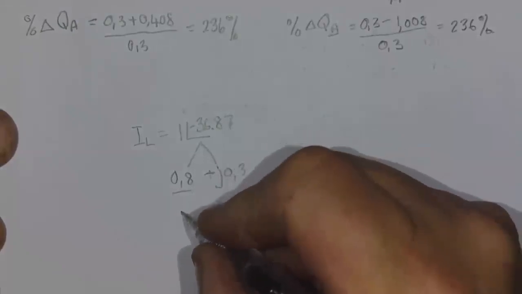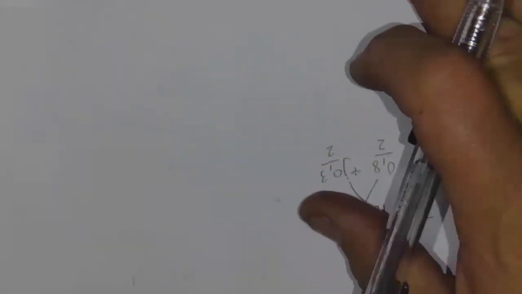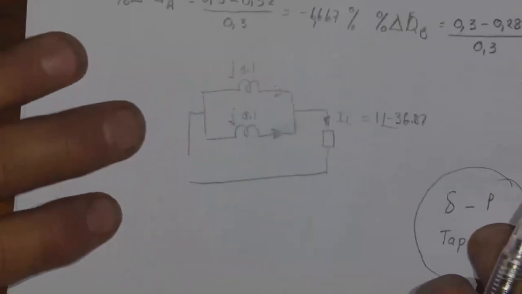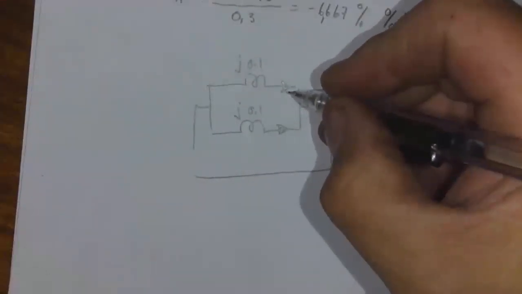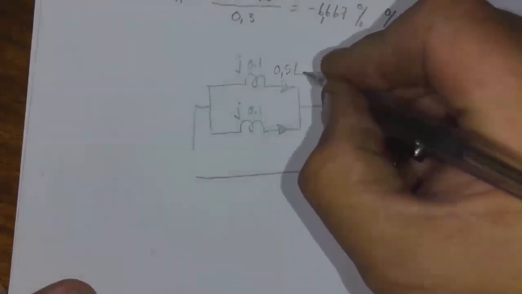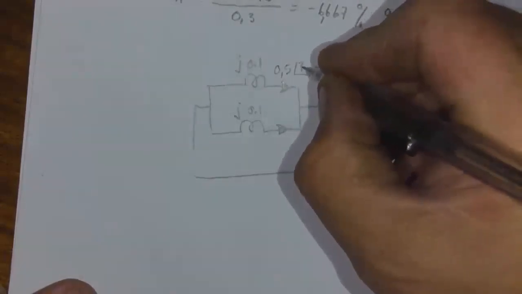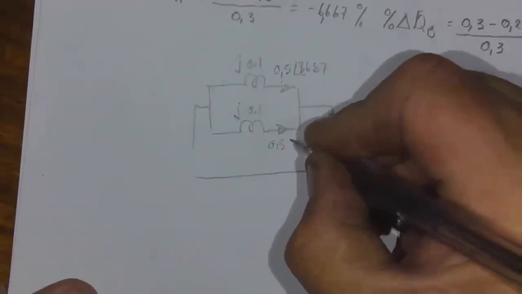And half of that, each one of them is now supplying half of that. If there's no phase shift or tap change, that one will share half of the load, and that one will share half of the load.